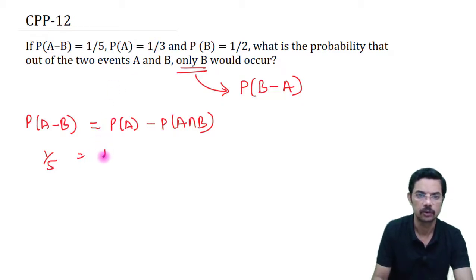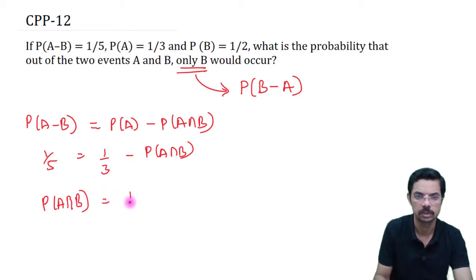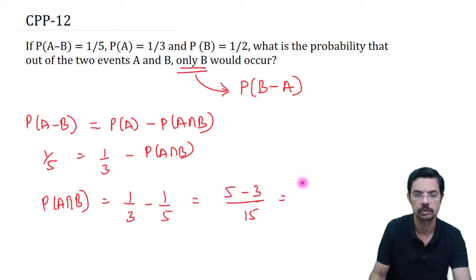P of A is 1 by 3. So it is minus P of A intersection B. So we can find out P of A intersection B from here. P of A intersection B is 1 by 3 minus 1 by 5, which will give you, this is 5 3s are 15 and this is 5 minus 3, this is equal to 2 by 15.